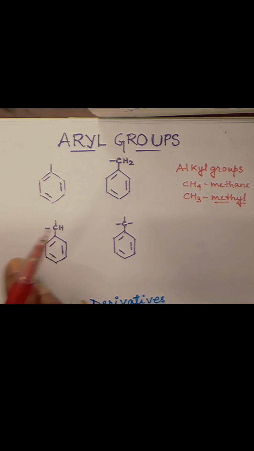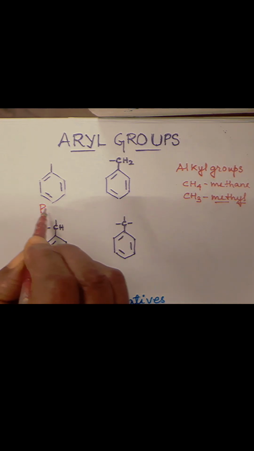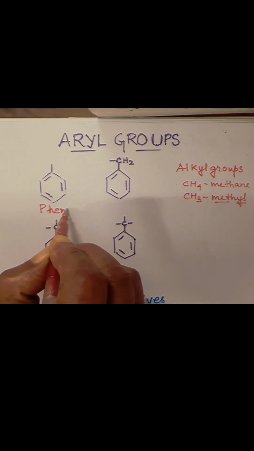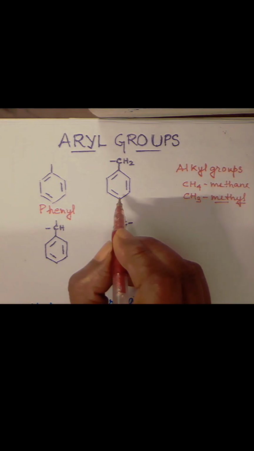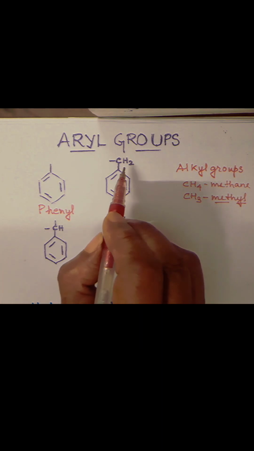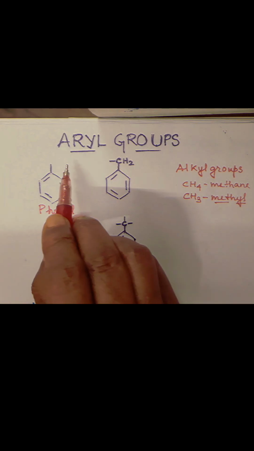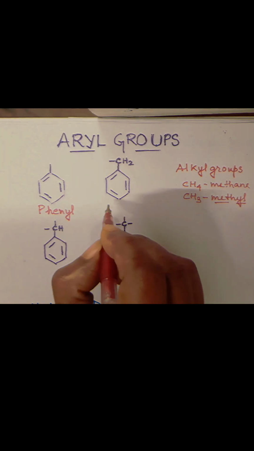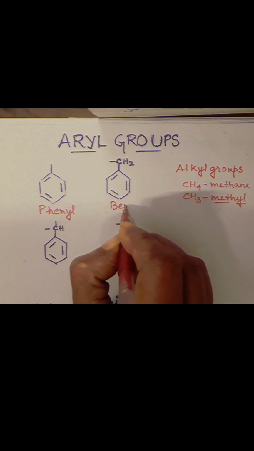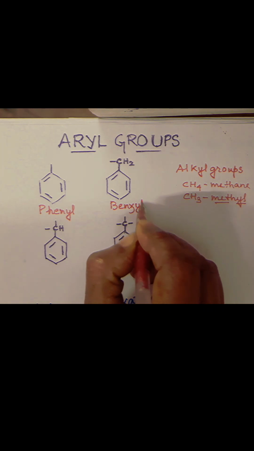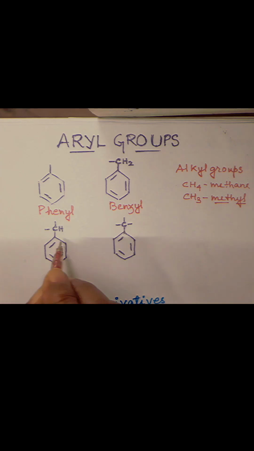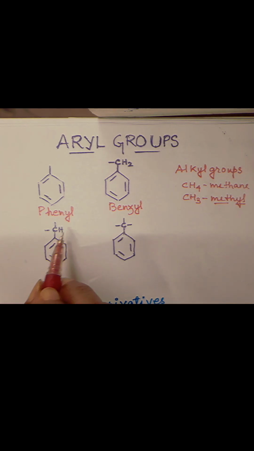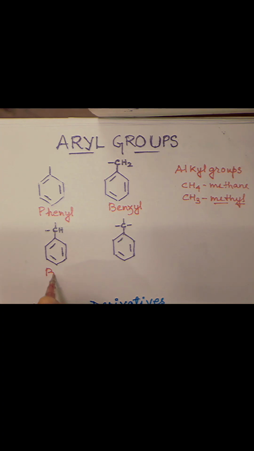So what are these groups named as? This group is named phenyl. A benzene ring with a CH2 connected to something else is called benzyl. A benzene ring with a CH, where the C is connected to two different things, is called benzal.